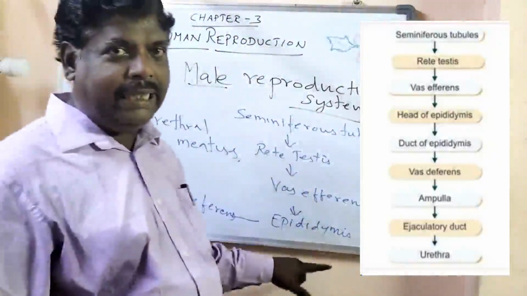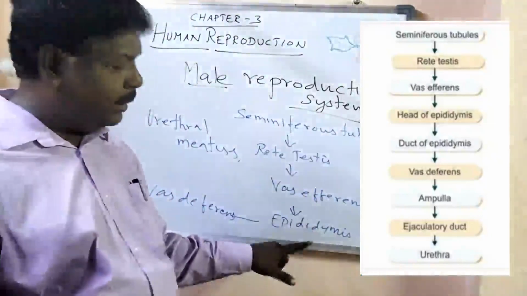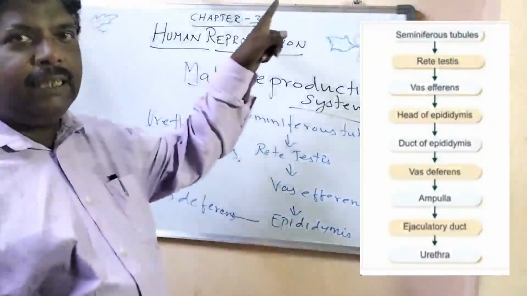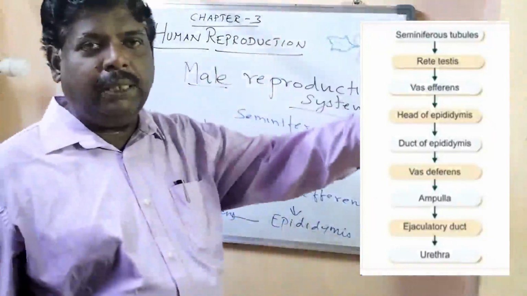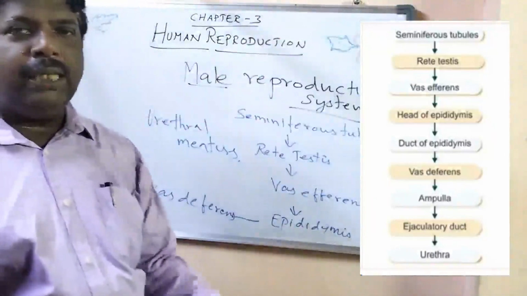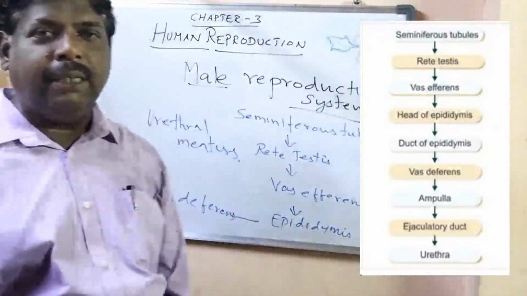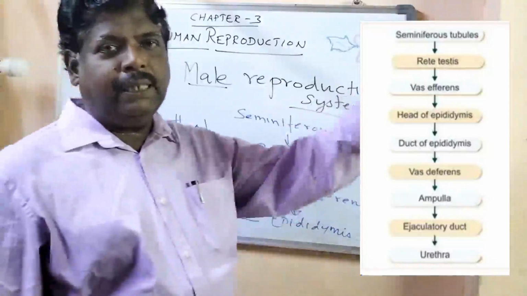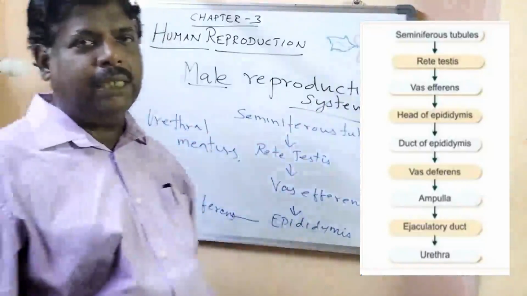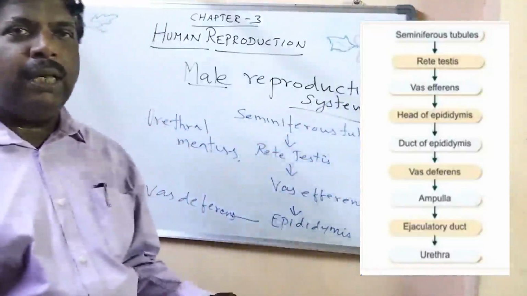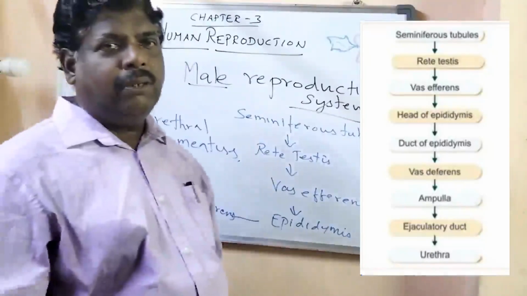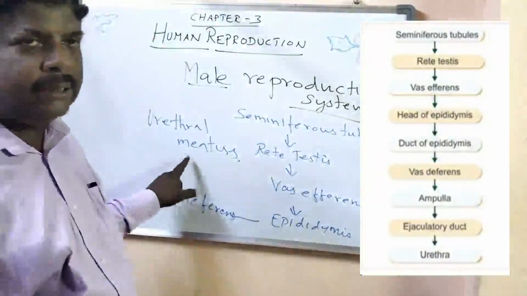These are all names of the various accessory ducts. Epididymis, then vas deferens, then it will ascend, climb up, and loop over the urinary bladder, and ends up in the urethral meatus. At the same time, from the seminal vesicle, another duct will come, that is the ejaculatory duct. It stores and transports sperms, and that is sent out through the opening called the urethral meatus.